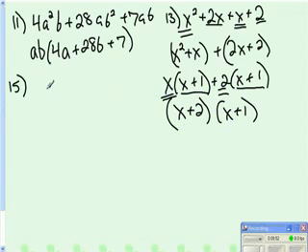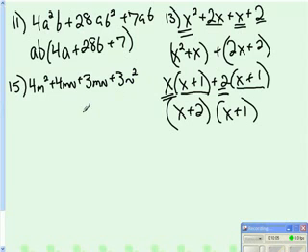On to number 15. I have 4m squared plus 4mn plus 3mn plus 3n squared. Same thing, I can't divide anything out of all of these because they don't all have anything in common. But if I put, let's see, if I put the n squareds, that's not going to work.